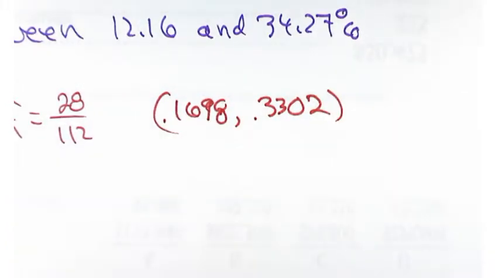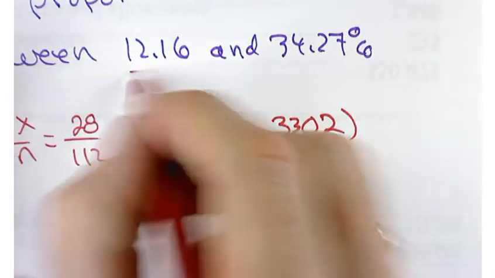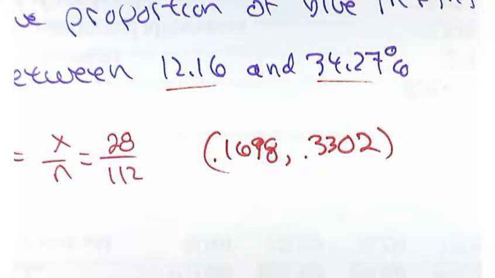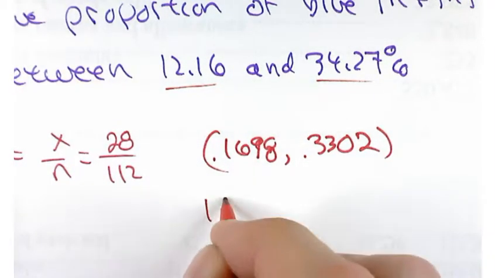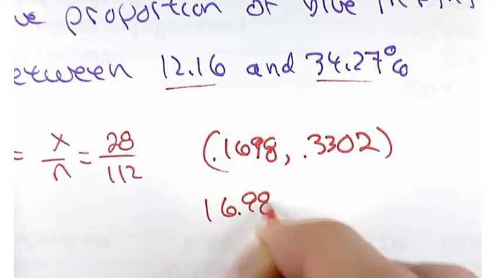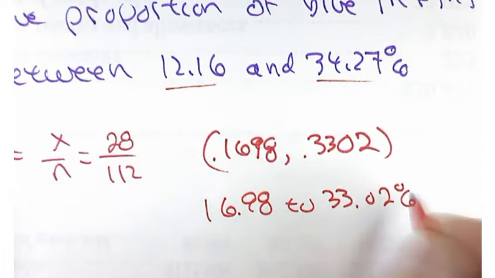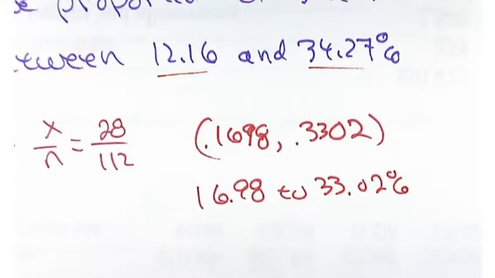Let's compare that to our previous interval. Our previous interval is right here. So instead of being between 12.16% and 34%, we've got 16.98% to 33.02%.